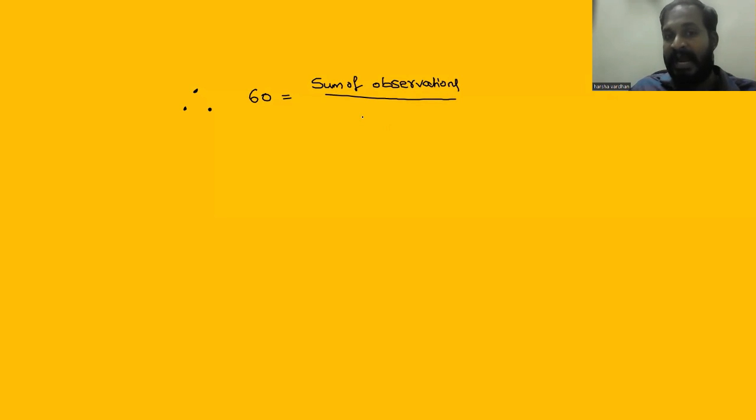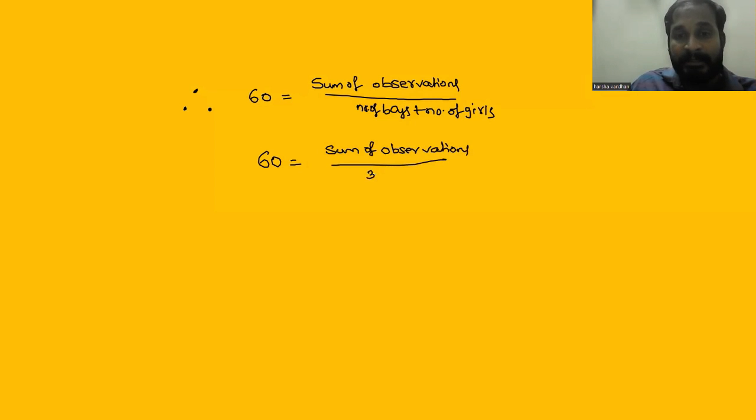That is 60. So 60 is equal to sum of observations, which we don't know, because we don't know the total marks of the candidates, divided by number of observations, the total strength, number of boys plus number of girls.